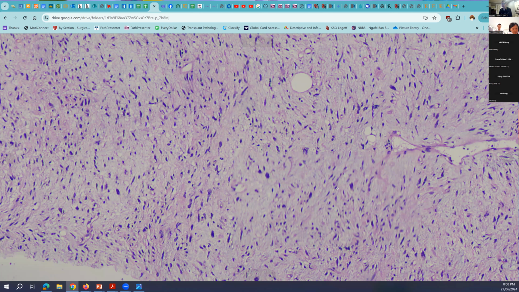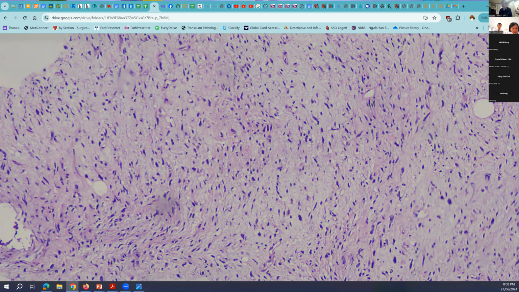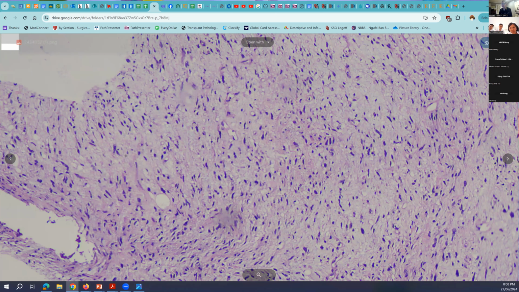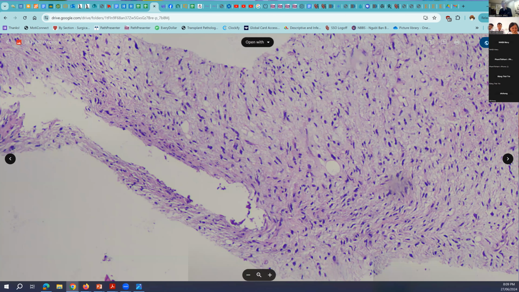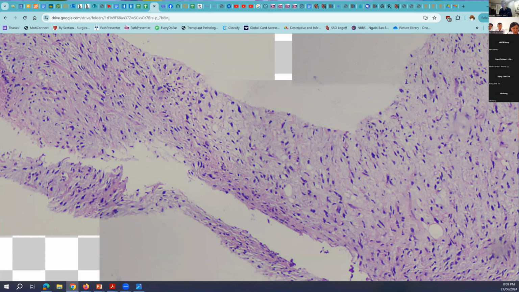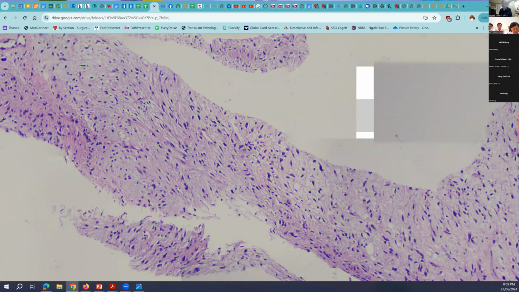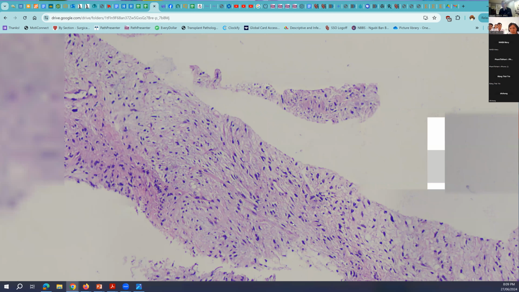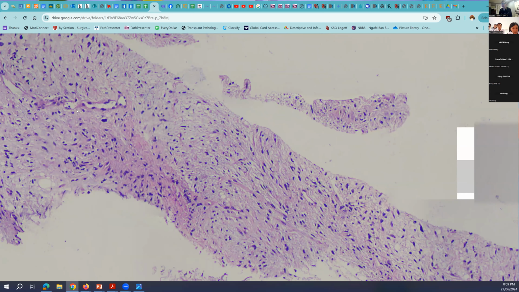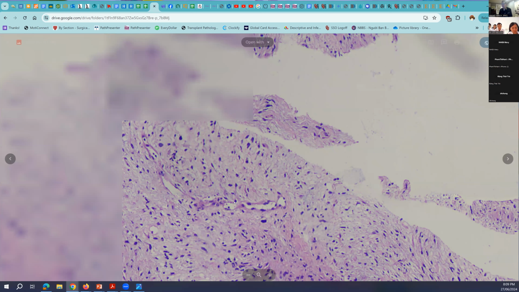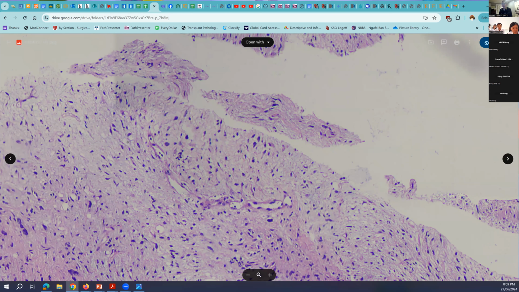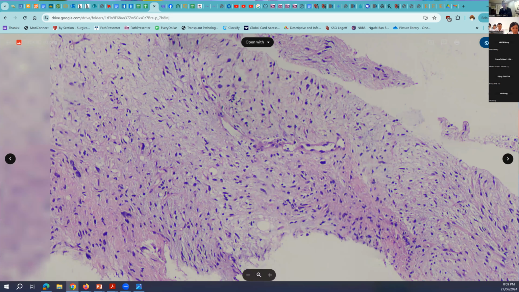Looking a little further, some small capillary vessels. A little bit more intermediate nuclear pleomorphism. Not a lot of mitoses, no atypical mitoses, but just this pleomorphism.